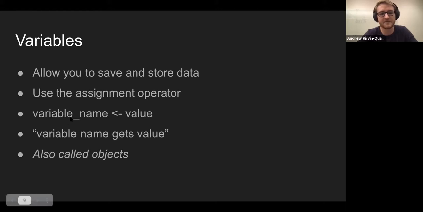So for this line, it would be that variable name gets value. I'll show you some actual examples of that later. This is all probably sounding rather theoretical, so we'll get to actually looking at some examples soon.